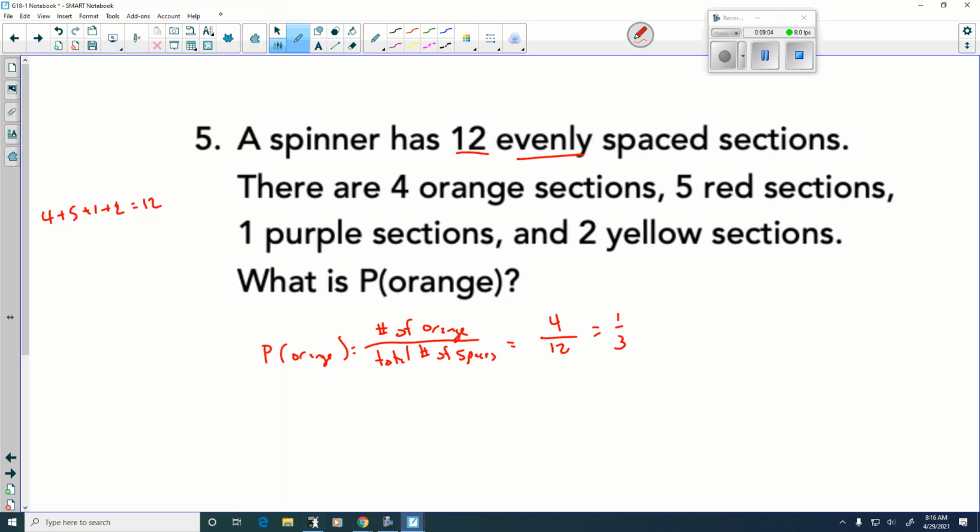What this means is for every 3 times you spin the spinner, you expect one of them to be orange.